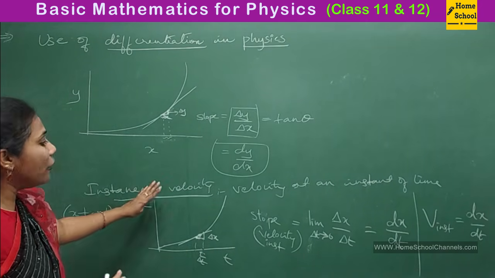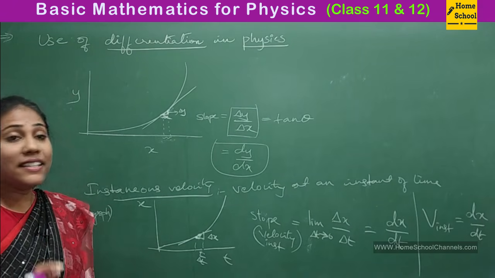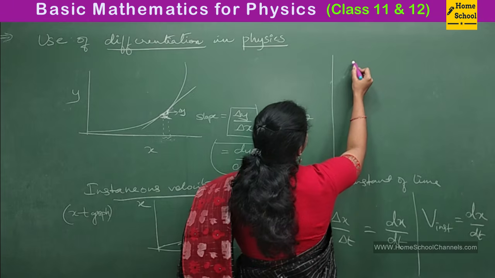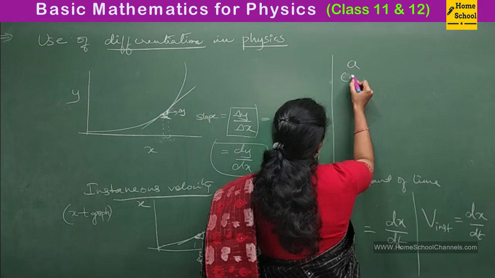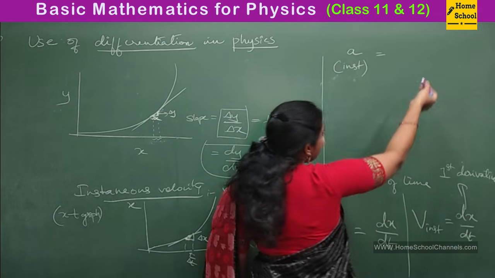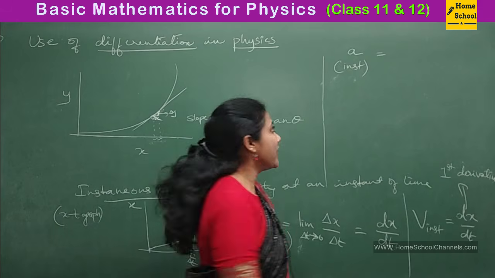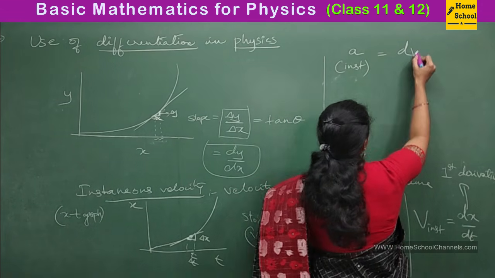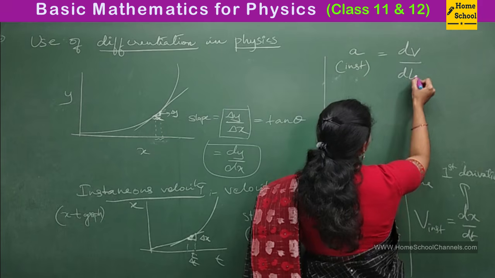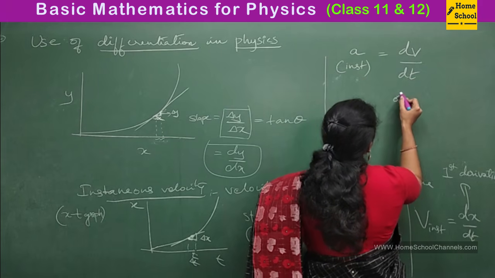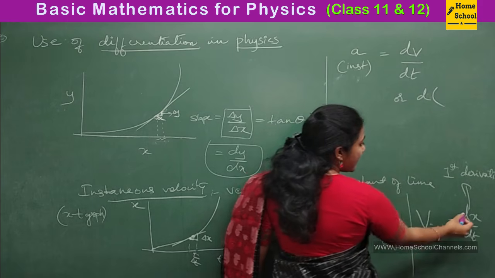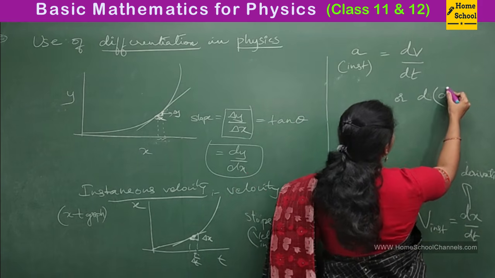And how do you find the instantaneous acceleration? Similarly, it can also be defined in terms of differentiation, right? So how do we define instantaneous acceleration? It is dv by dt, or d of, what is v? v is nothing but dx by dt, right?